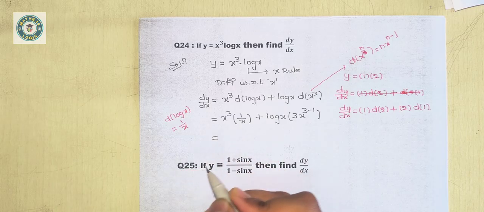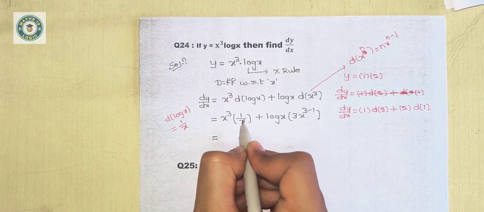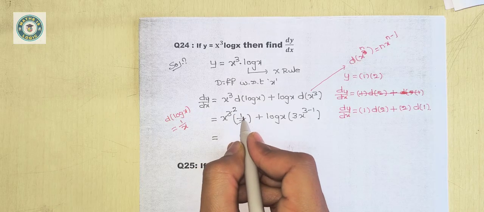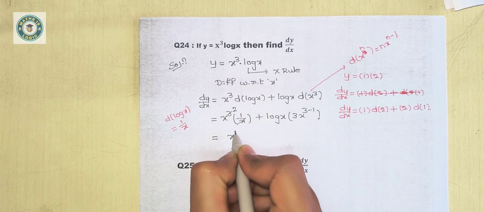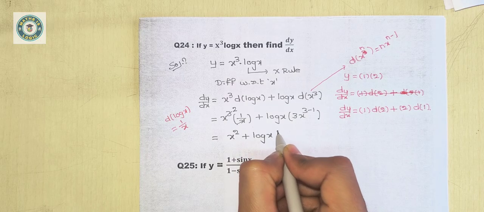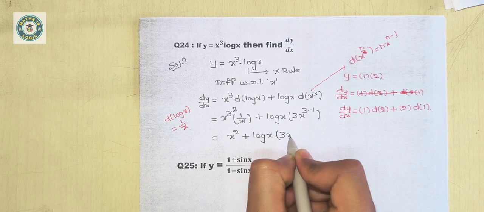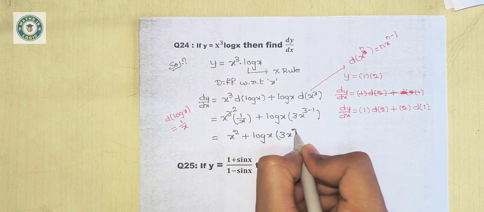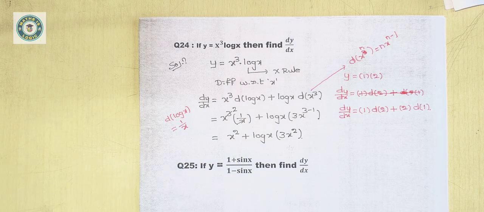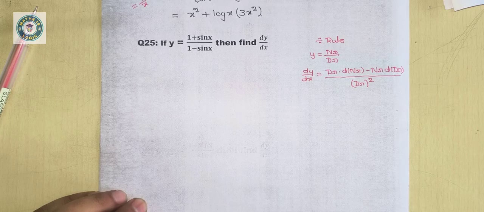Therefore the final answer: here one x gets cancelled, remaining is x square. So x square into 1 is x square, plus log x as it is into 3 into x power 3 minus 1, which is 2. So this is the value of dy divided by dx.